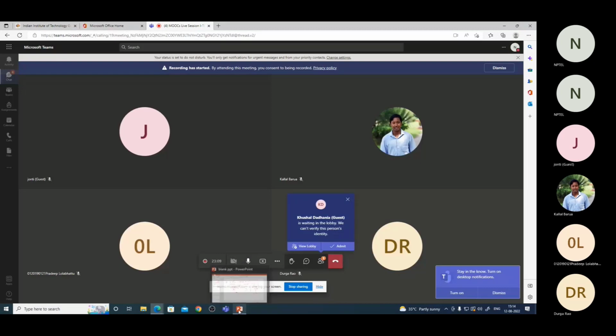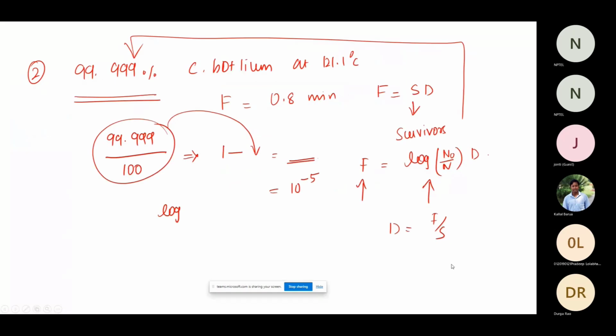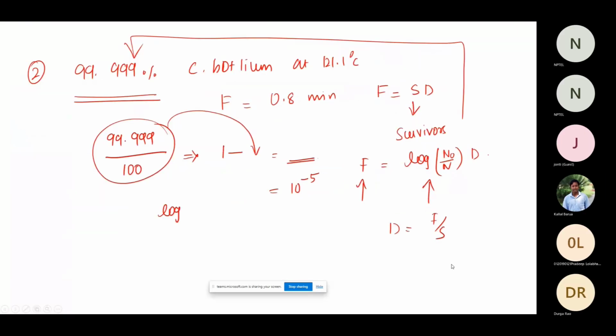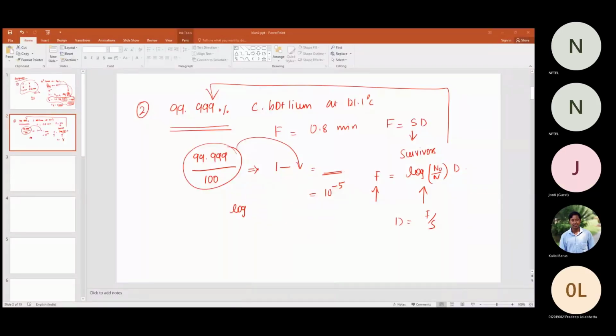For X, it is 1.2 times log of 10 to the power of 9 over 10 to the power of minus 2. So this becomes 1.2 times log of 10 to the power of 11, that is 9 plus 2, 11. Log 10 goes, so 11 into 1.2. This is for X. For Y, similarly, you get 0.48 into 11.